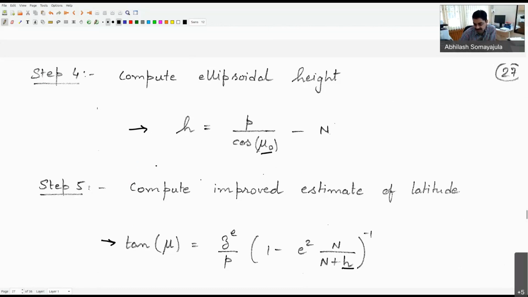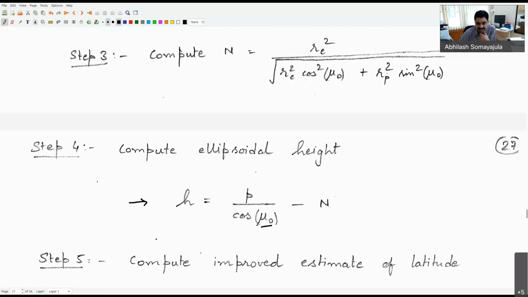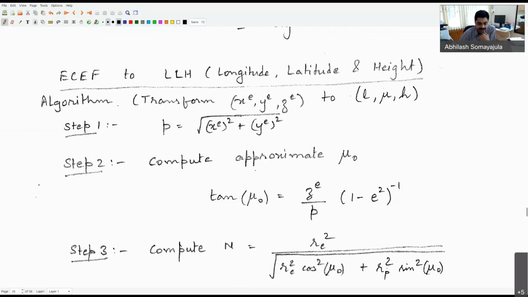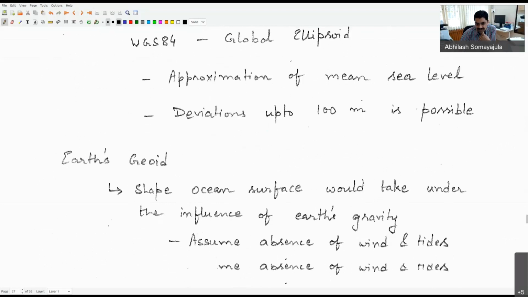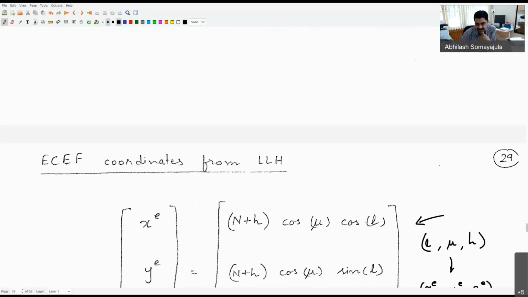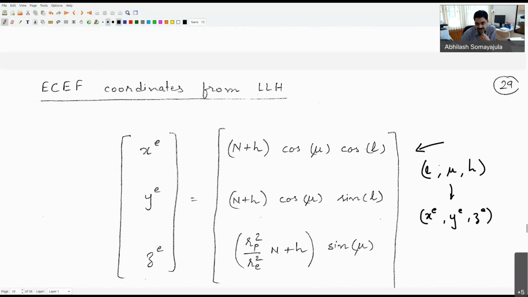Therefore, there is an iteration that we have to do until convergence comes. And we saw that this algorithm is one of the many algorithms that we can use to transform XE, YE, ZE to L, mu, and H. So that was the first transformation, from the Earth-centered, Earth-fixed to the latitude, longitude, and height.